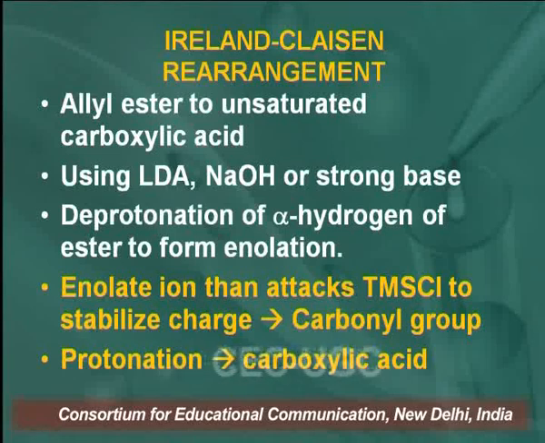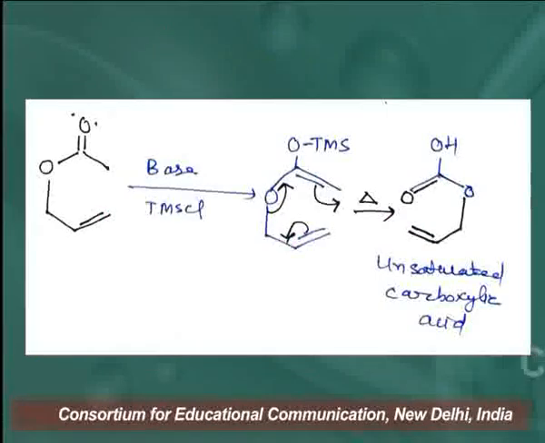So protonation of that group gives a carboxylic acid. So this is the example of the Ireland-Claisen rearrangement reaction. We get unsaturated carboxylic acids. So these are very important examples, and we use all these reactions in the preparation of many organic compounds.